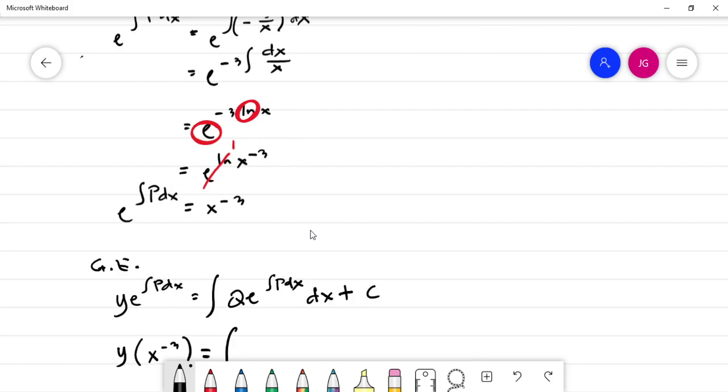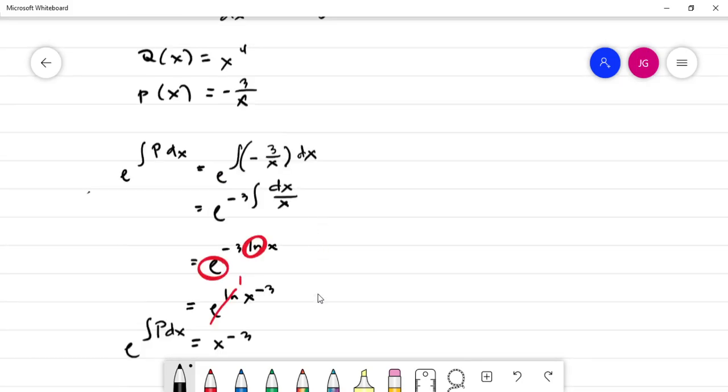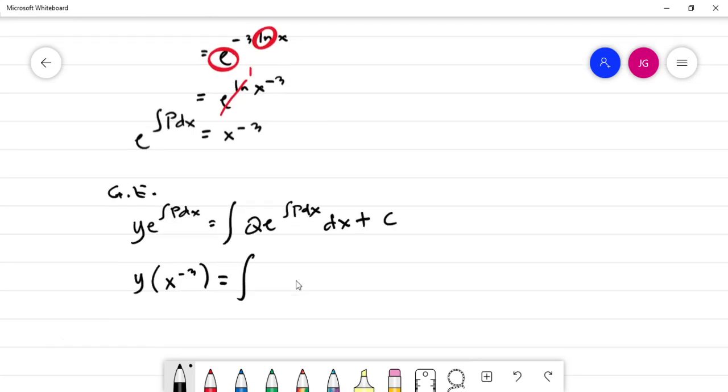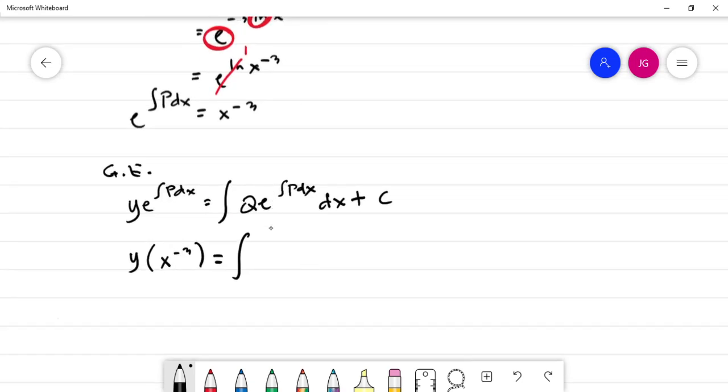Q is x raised to 4. Okay, so this is x raised to 4, then e raised to the integration of p dx is x raised to negative 3, then dx, then plus c.